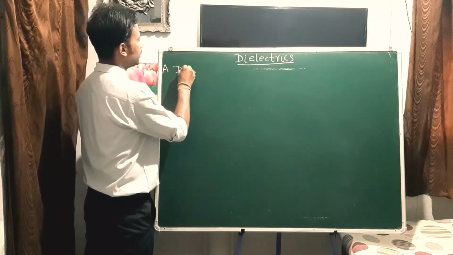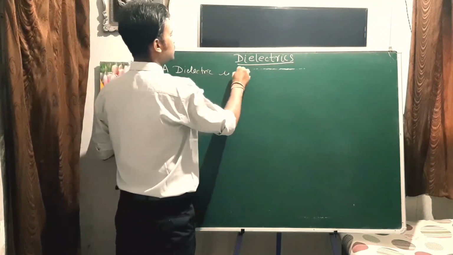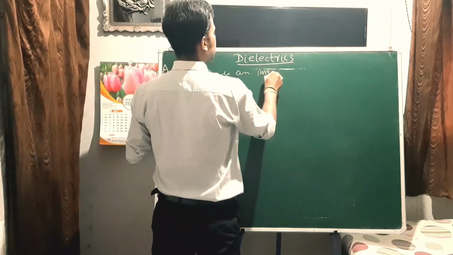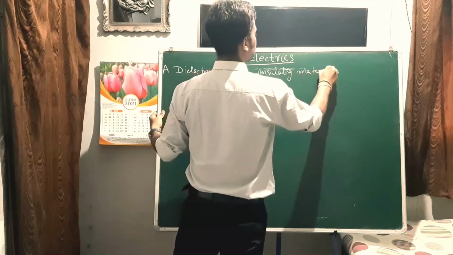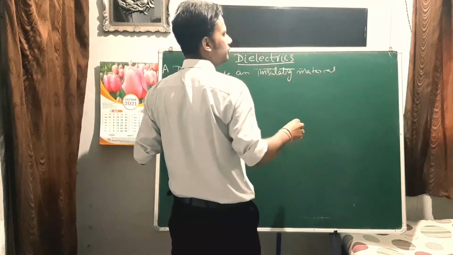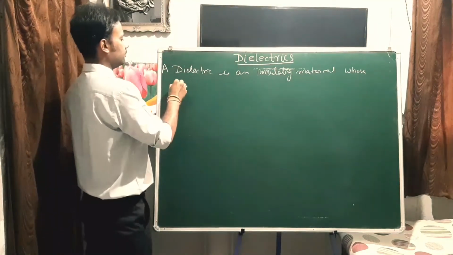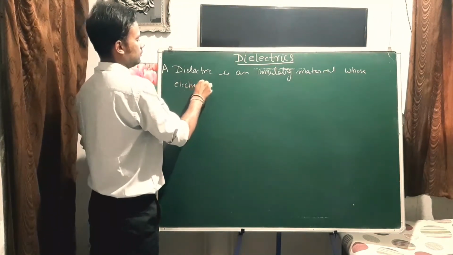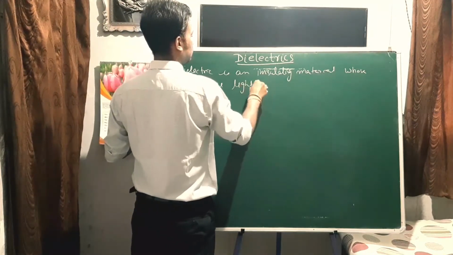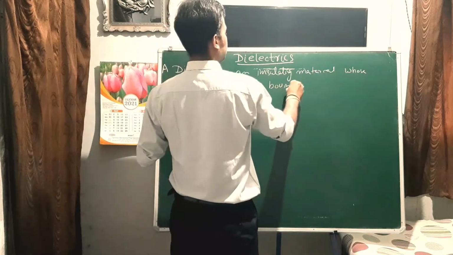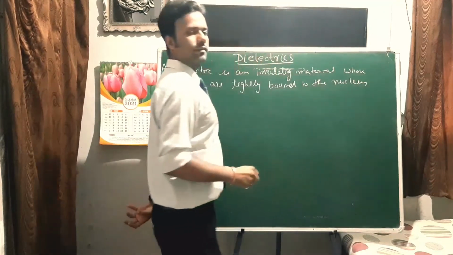A dielectric is an insulating material whose electrons are tightly bound to the nucleus, right?